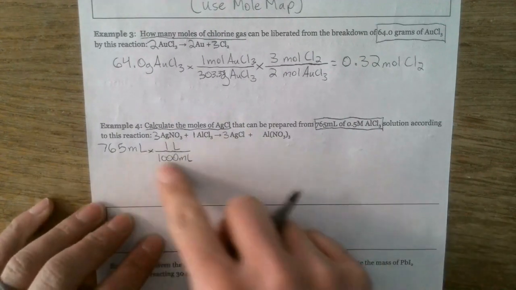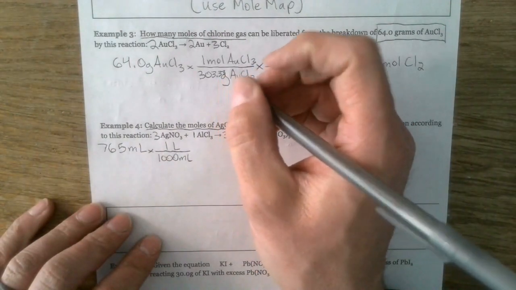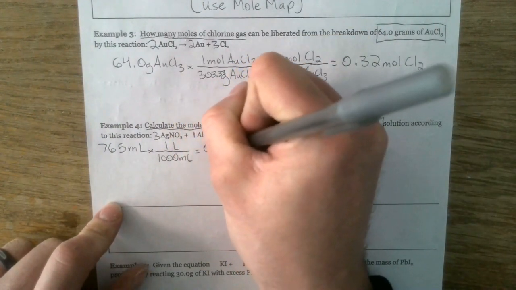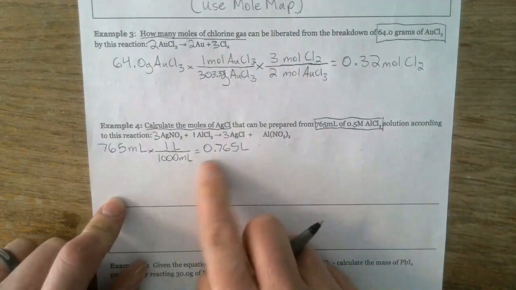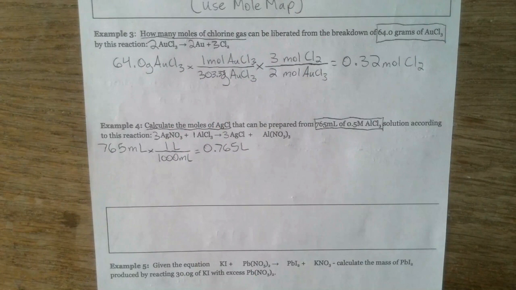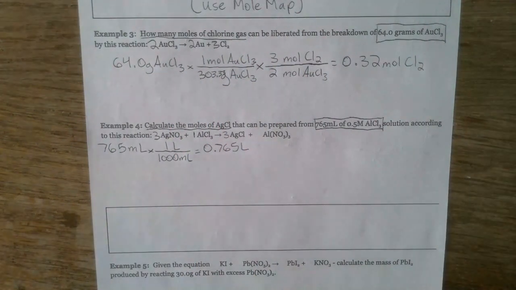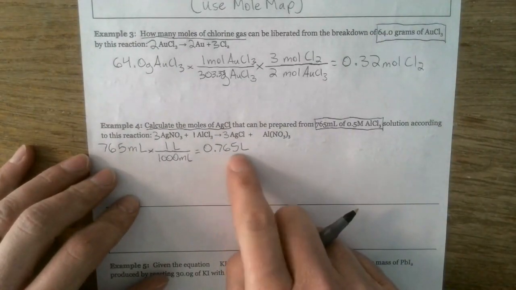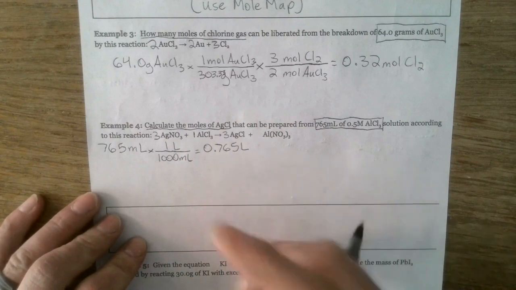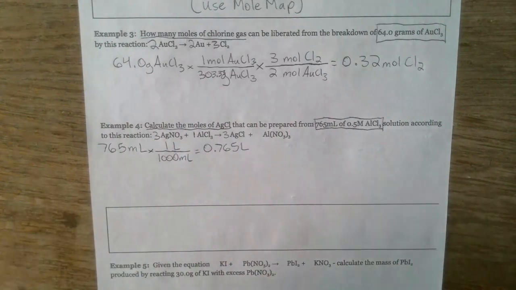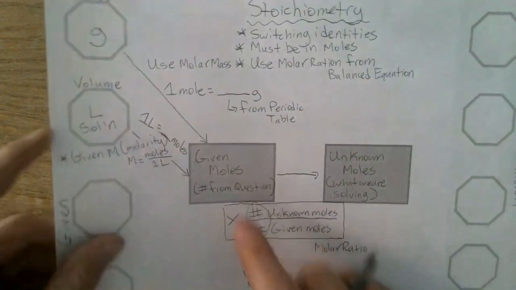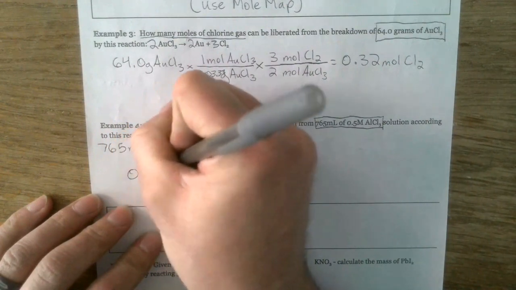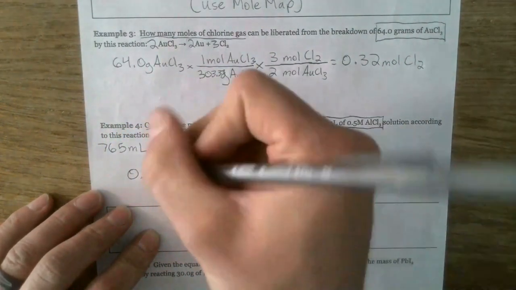So if we convert that, that's going to give us 0.765 liters. Okay, so now we've got our amount of liters here. So now we can use our conversion factor from our mole map. So we'll have 0.765 liters.